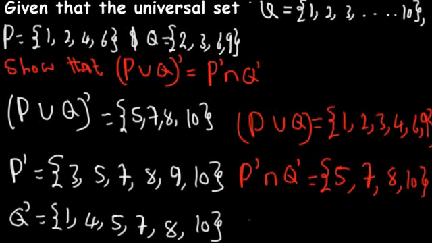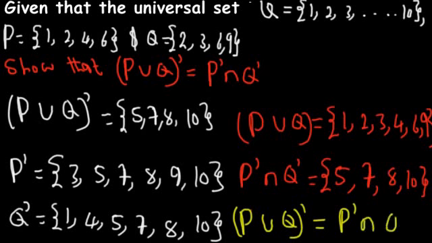So therefore, P union Q prime is equal to P prime intersect Q prime. So that's how to show whether they are equal or not.